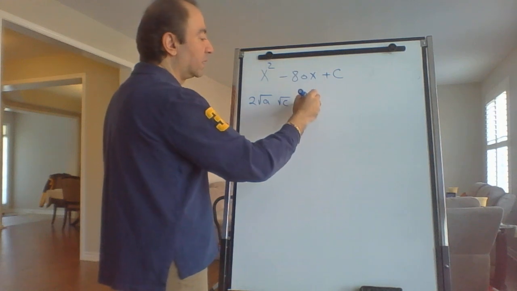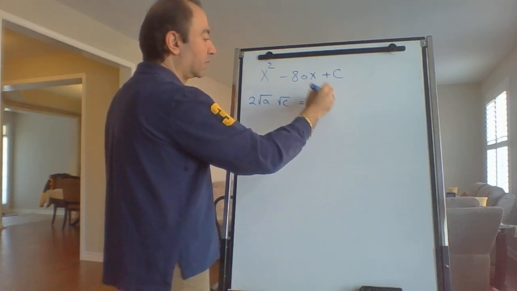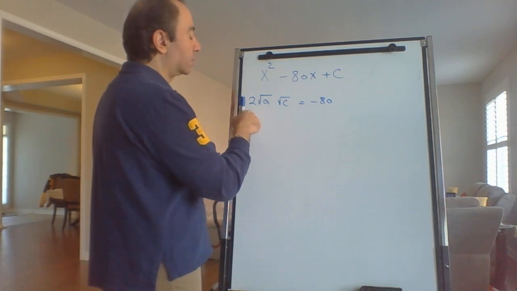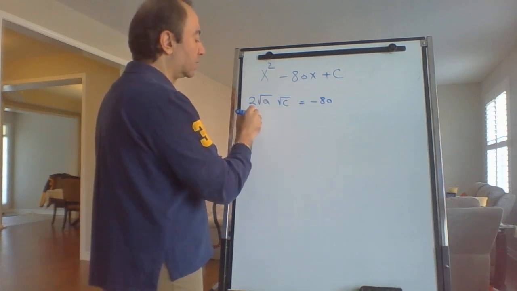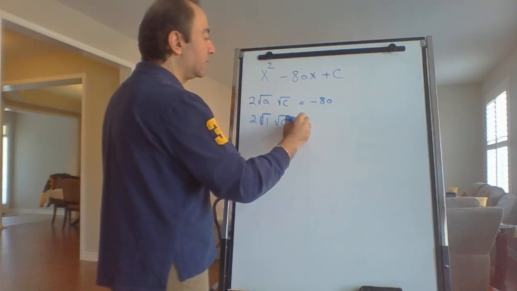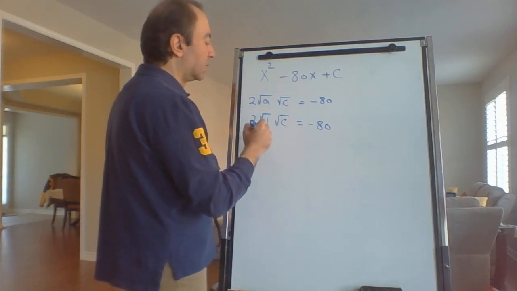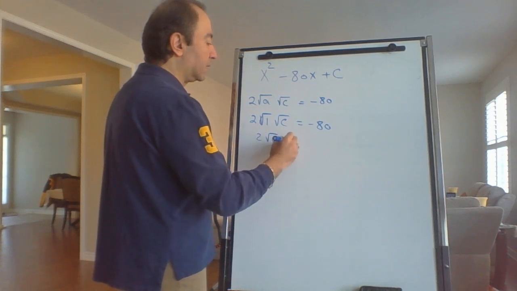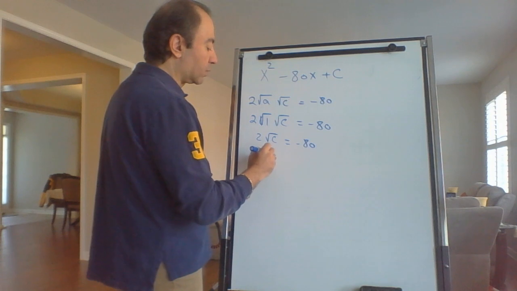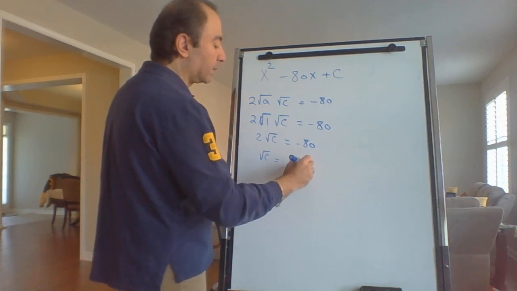The absolute value, even negative 80, is not going to make a difference. To solve, I will substitute: 2 times the square root of 1 times the square root of C equals negative 80. So 2 times the square root of C equals negative 80. Divide by 2, so the square root of C equals negative 40.